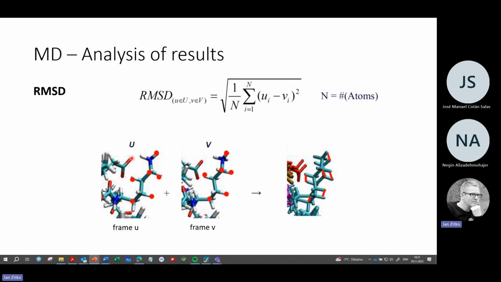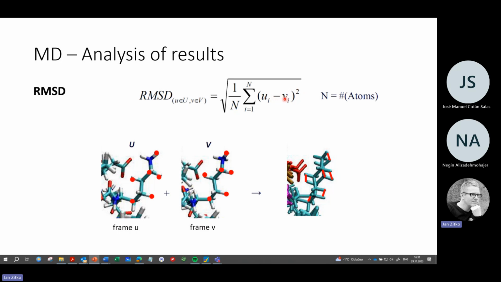We have a position in frame U, which can be defined as a vector in Cartesian coordinates. Then you have the position of the same atom in frame V, which might be the next frame. Then calculate the distance between the two positions, one vector minus the other vector, squared.